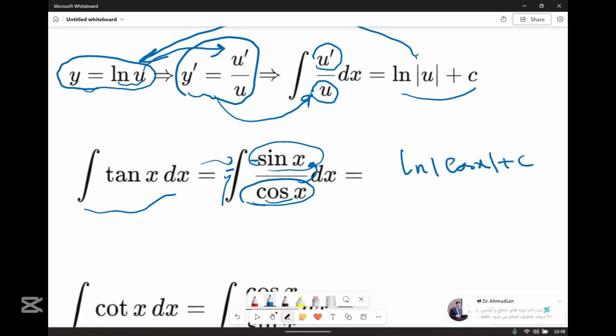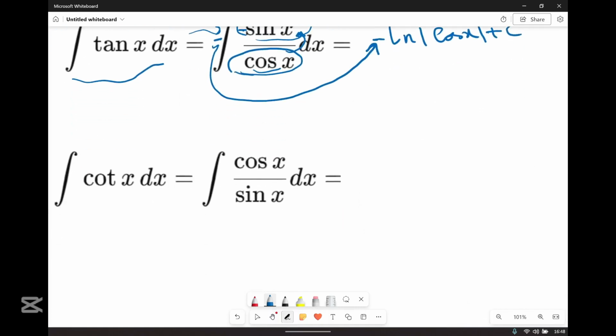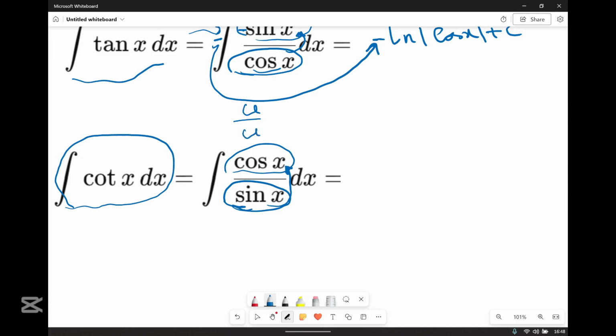But in the last we had a minus and I put it in here. What about this cotangent x dx? If you are going to calculate this, at the first you open cotangent to cosine x divided by sine x. But this part's derivative is exactly in here and you can use u and u prime. Yes, and the answer is ln sine x plus c.